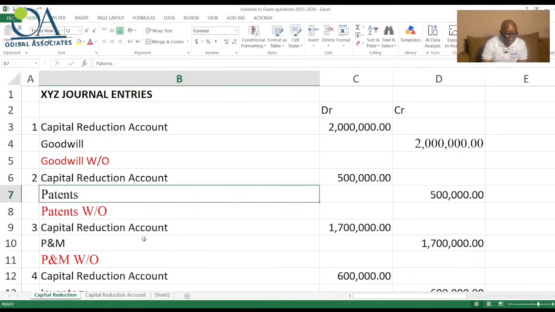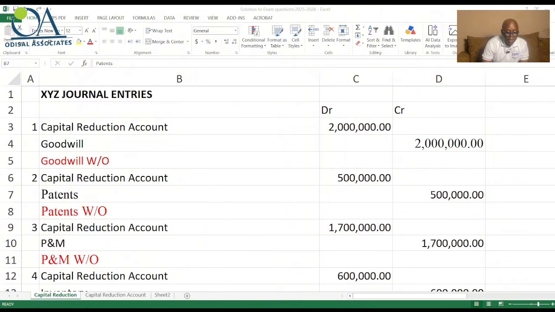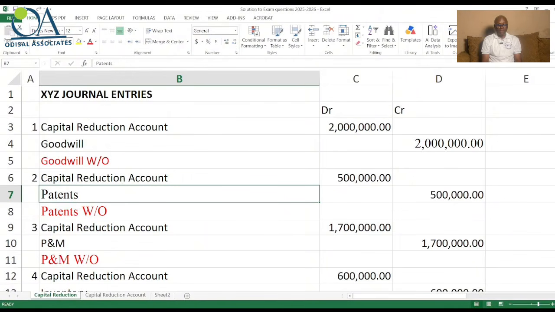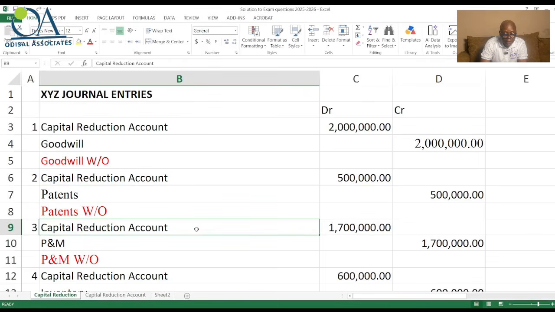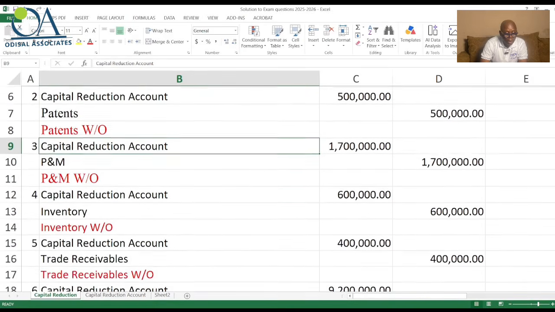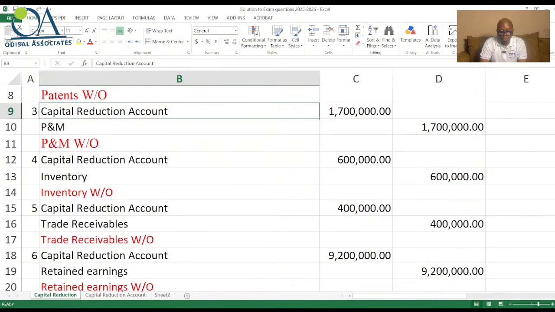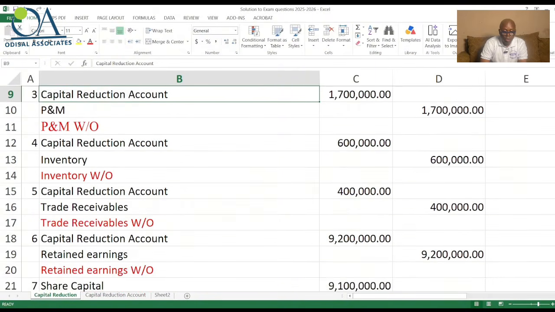Then it said that the plant and machinery is overvalued by 1.7 million. So it means that we're going to reduce the plant and machinery by 1.7 million. So we debit capital reduction account with 1.7 million and credit plant and machinery.